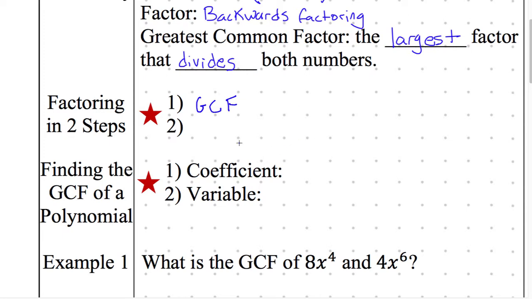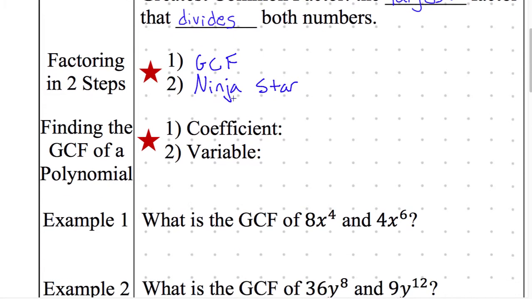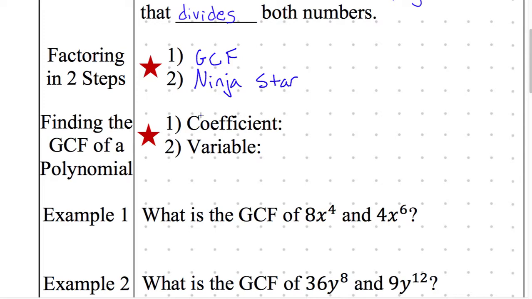So step 2, that's going to be the ninja star. Can you give me a quiet raised hand if you've ever heard of the ninja star? Vaguely? Okay, cool, thank you. All right, so let's talk about this step 1 today, factoring out the greatest common factor. There are 2 steps when factoring out the greatest common factor.